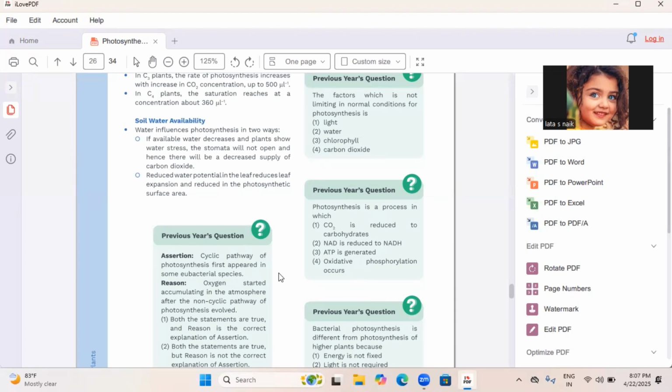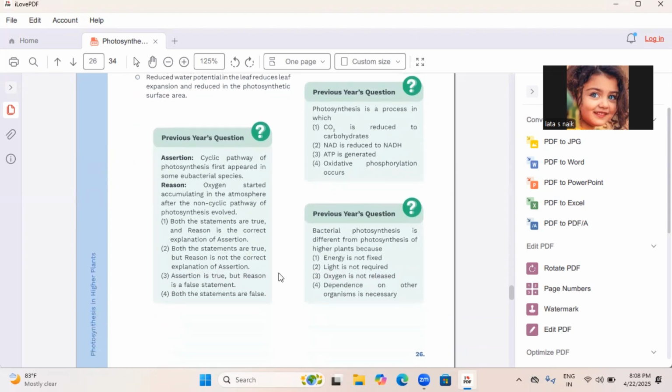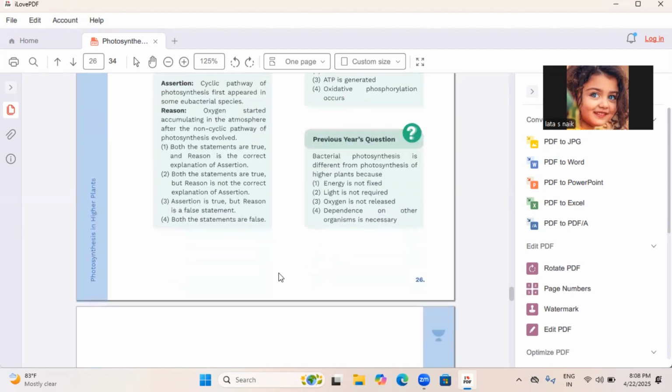If water availability decreases and plants show water stress, the stomata will not open and hence there will be decreased supply of carbon dioxide. Reduced water potential in the leaf reduces leaf expansion and reduces the photosynthetic surface area.